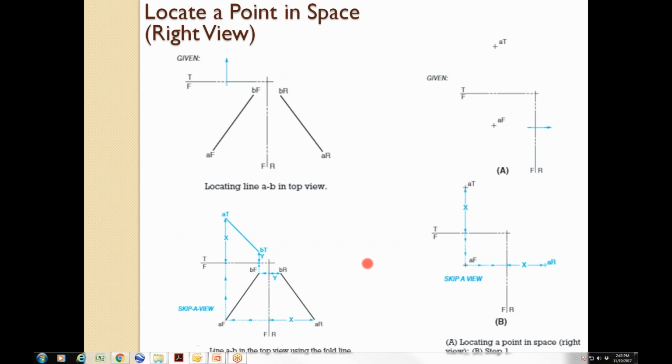This distance y has to equal that distance y, then x equals that x, and then you can connect these two dots. To locate the point in space, you draw a horizontal line to the right side view, and your distance x here is equal to this distance x here, and now the point is established.